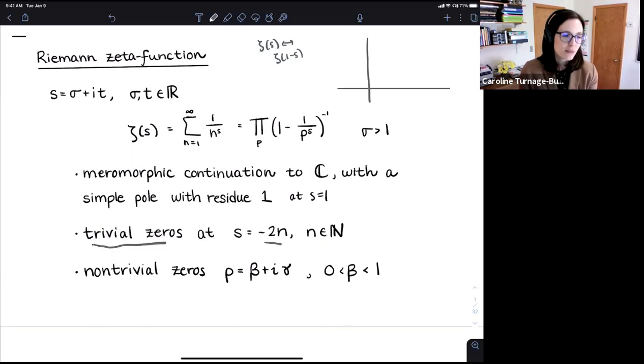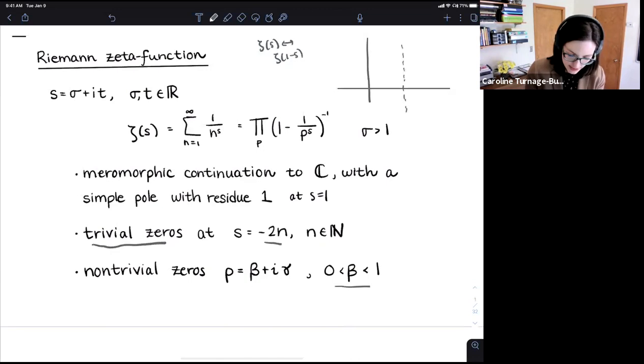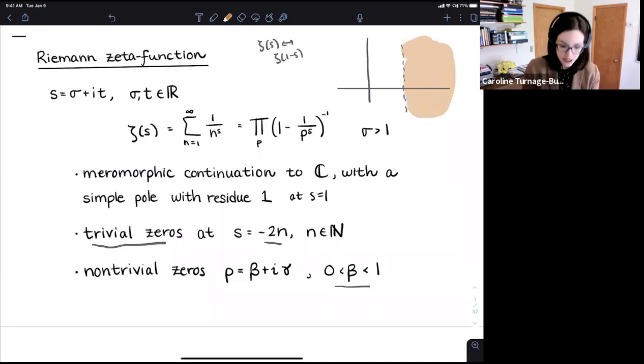And then there are the mysterious non-trivial zeros that we're interested in that are in the so-called critical strip, right? So if here is 1, then the Dirichlet series and the Euler product converge, and so we kind of know what's going on over here. The functional equation lets us hop over to the left of 0.